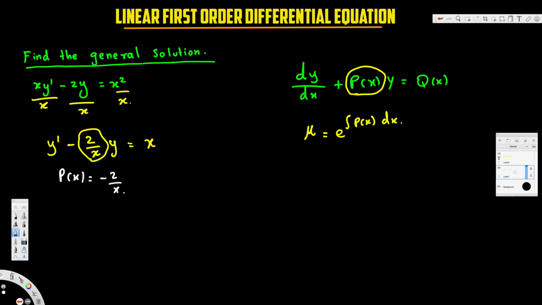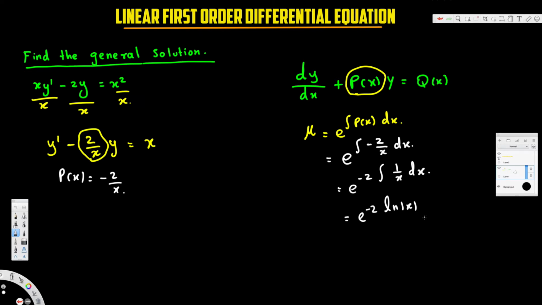Now we have to bring this into this equation to find the integrating factor, e power integral p of x. We found there's negative 2 over x, so we just put negative 2 over x dx. Now negative 2 is a constant, so we can move that to the front. E power negative 2 integral 1 over x dx, and we know that the integral of 1 over x is ln of absolute value x.